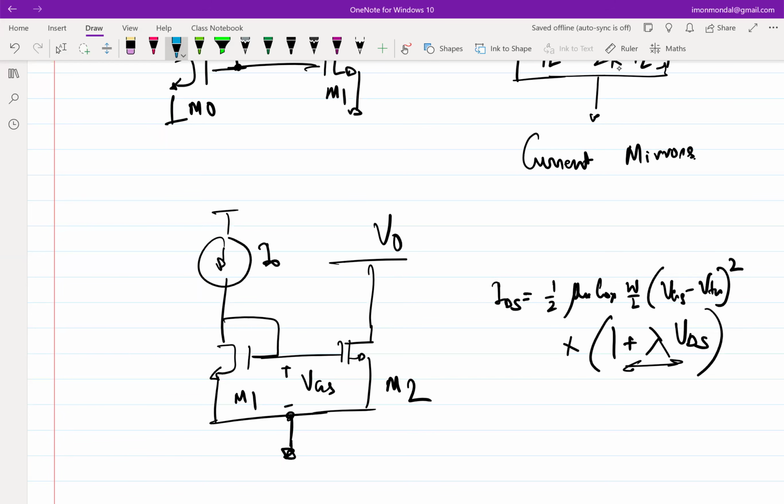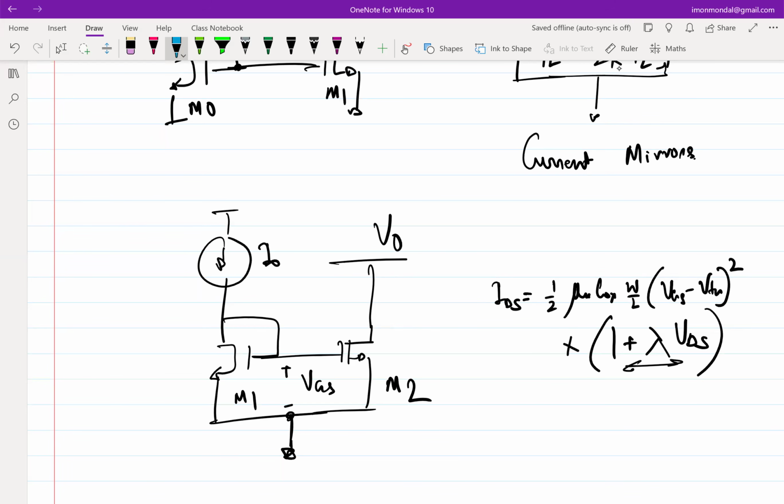It depends on whatever the VDS is in the right or left-hand side branches. And if the VDS is not same, then the mirroring is not as accurate.